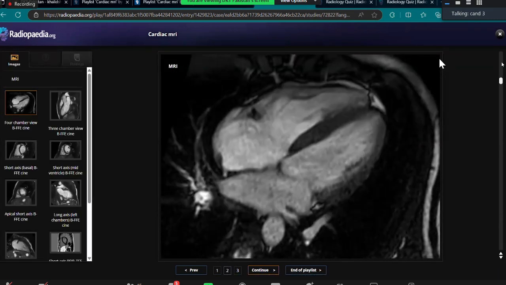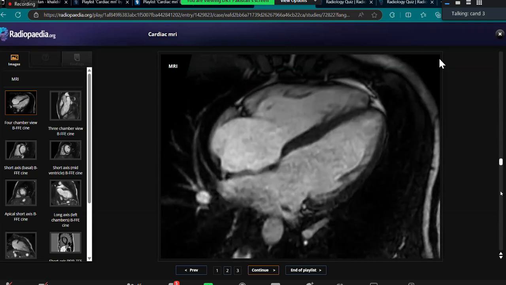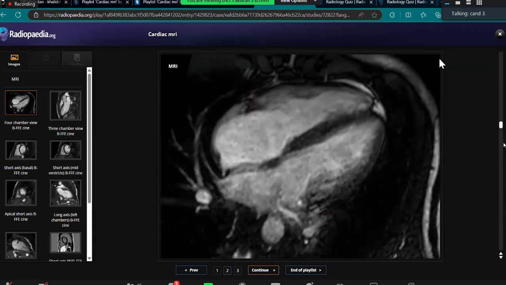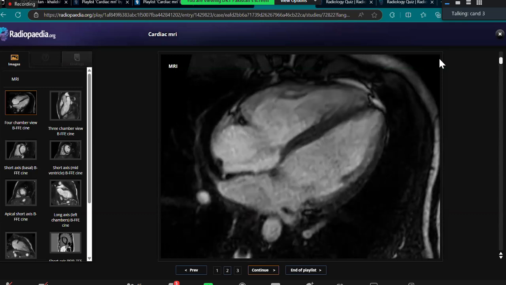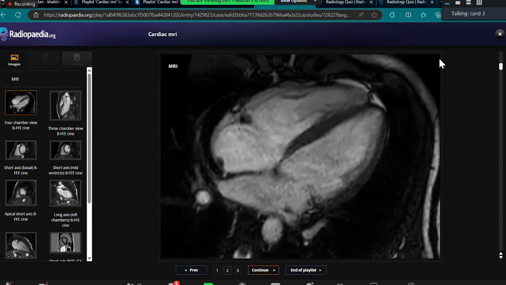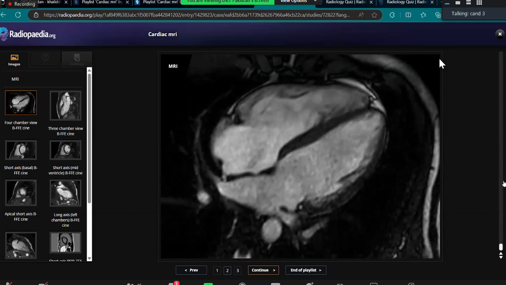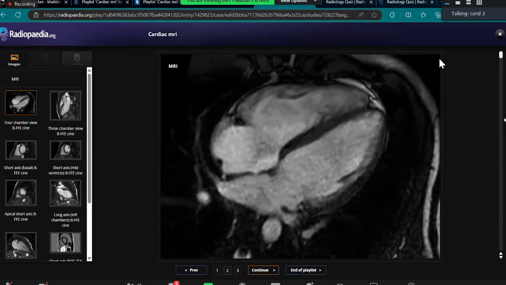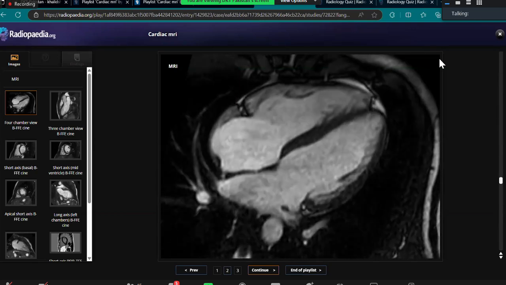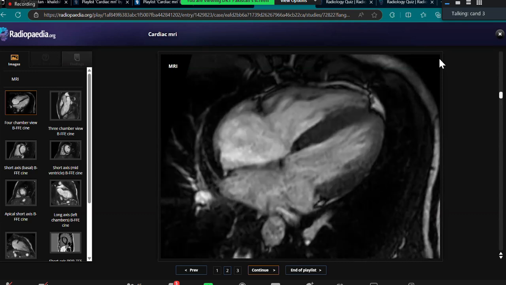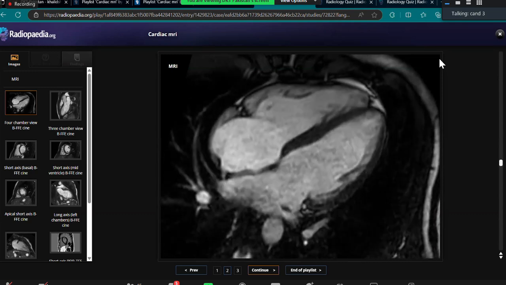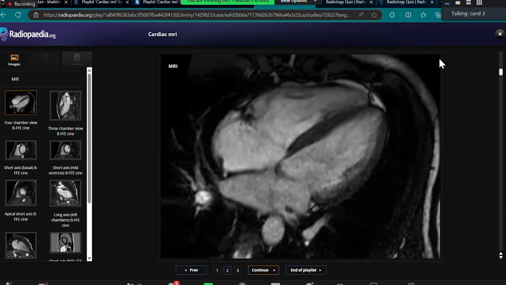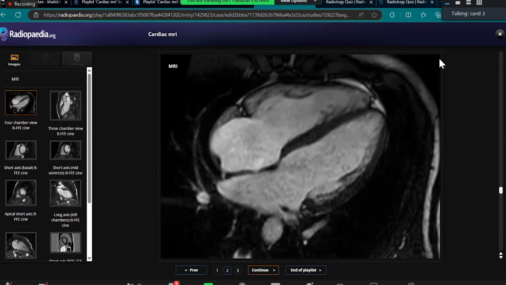I have been provided with a white blood four-chamber view of the heart. First I'm looking at the images. As we have noted in the history, there is enlargement of the right cardiac chamber.